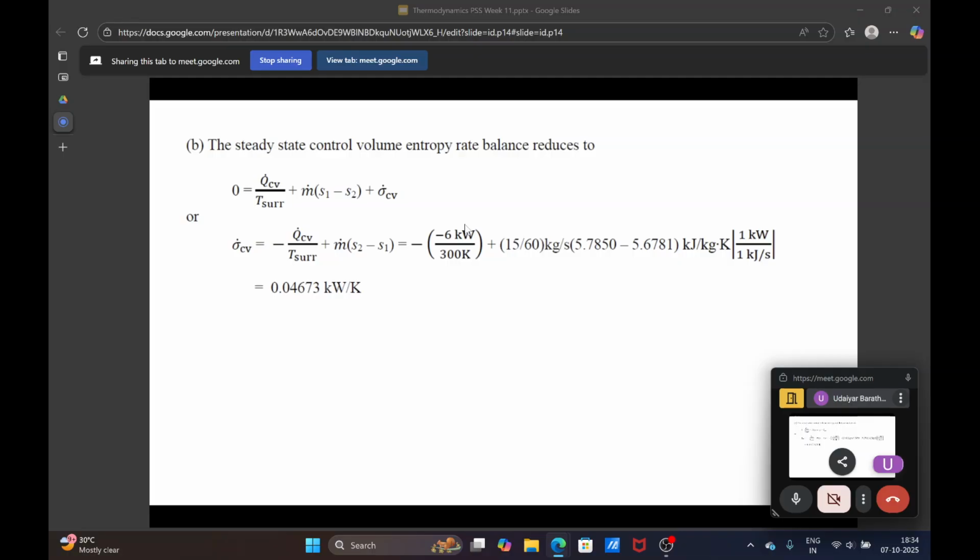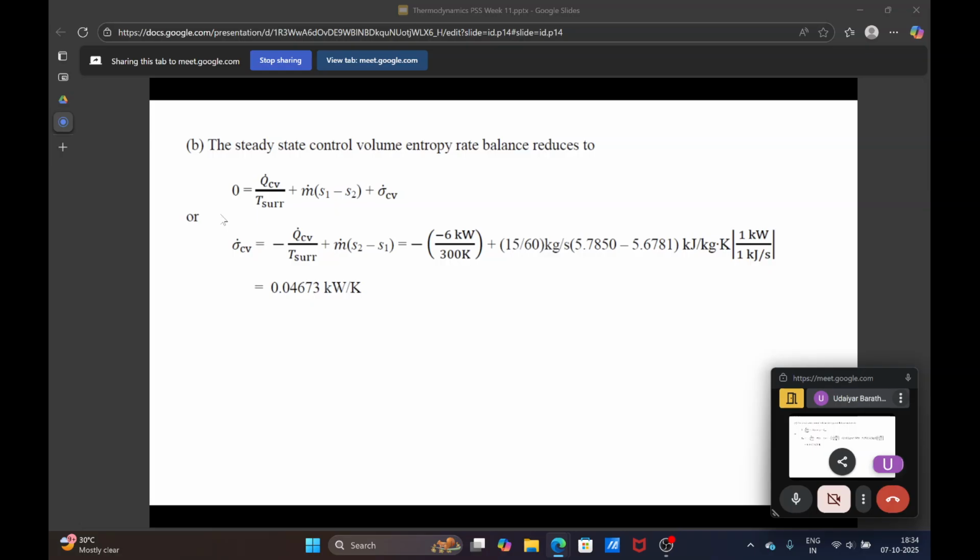Next is to find the entropy balance, or the entropy generated. The compression process is at steady state, so we have ds by dt equal to 0, which gives QCV by T plus the entropy change of the stream, in minus out, plus entropy generated.